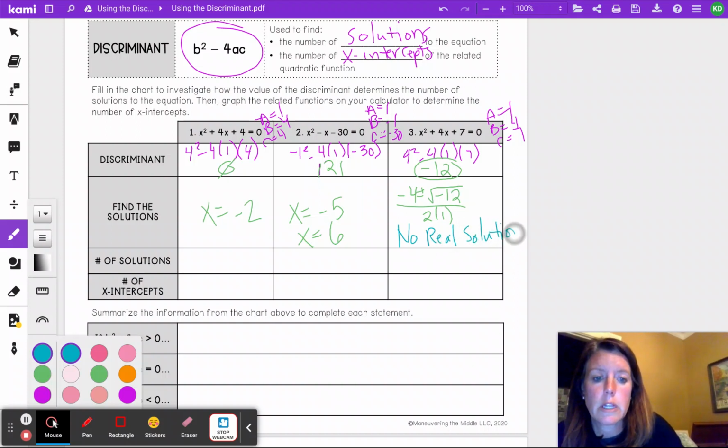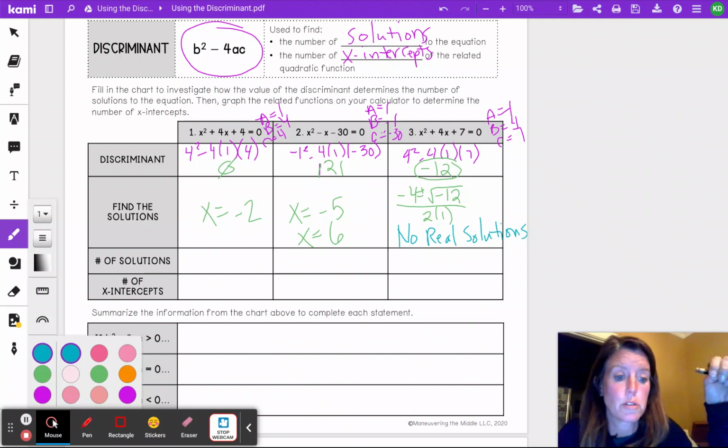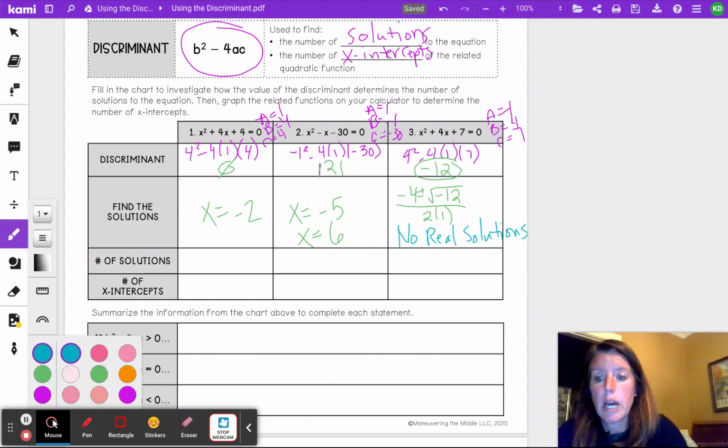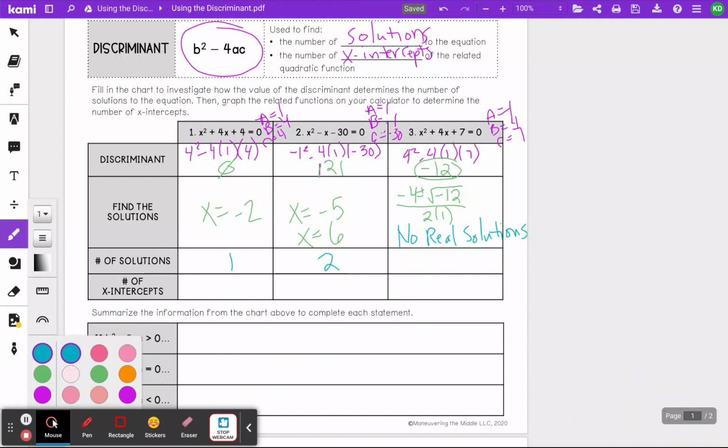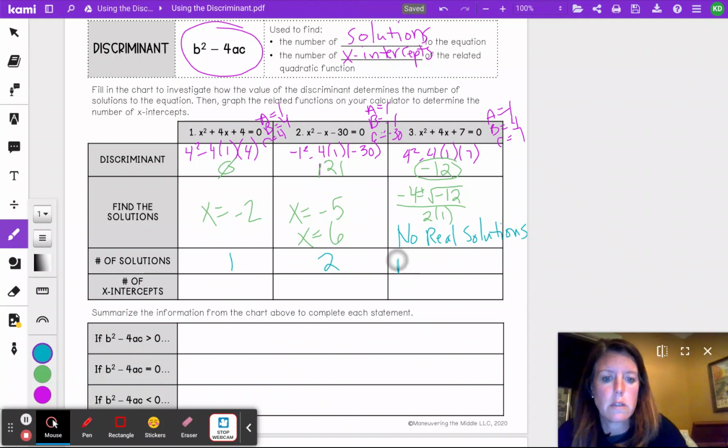Okay, you can just stop right there and be like, bro, no real solutions. Done. I know this. So for this first one, we have 1 solution. We have 2 solutions. And the last one, we're just going to keep as no real solutions.